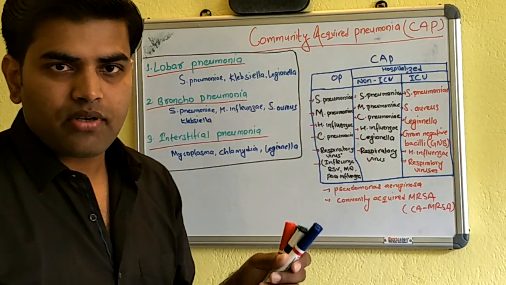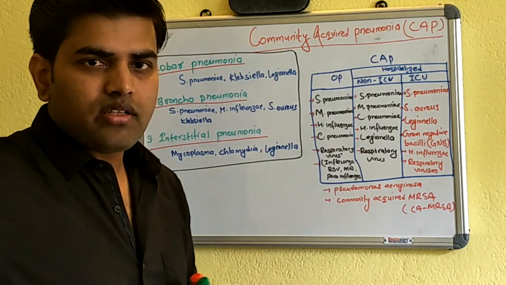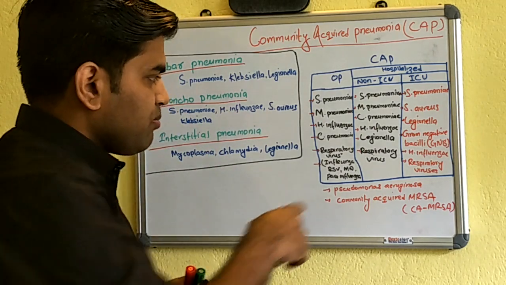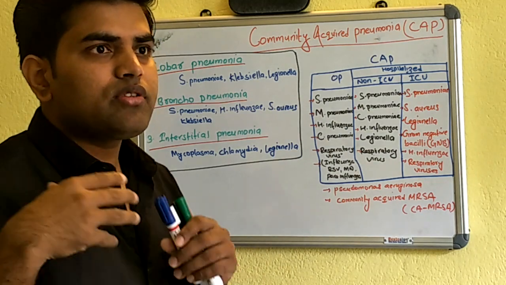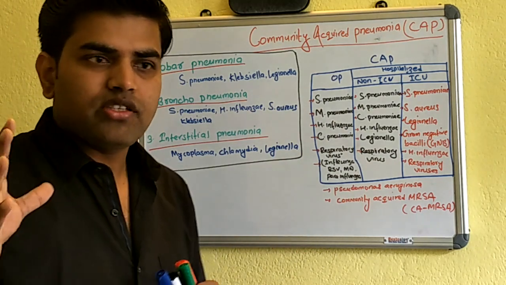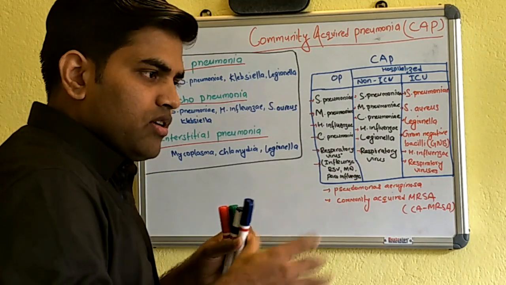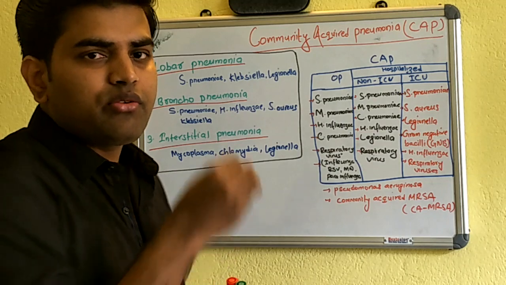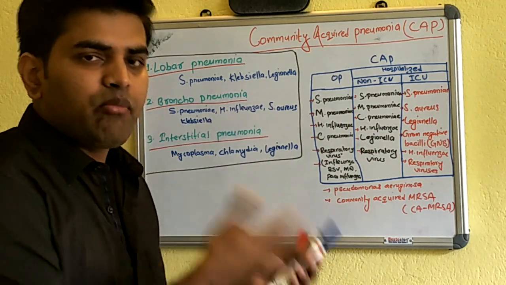I have already discussed that Legionella is the organism responsible for water system infection. Once there was a meeting in the US, and the disease is known as Legionnaires' disease. The water at the meeting venue was infected, and every person at that meeting got infected with this bacteria. After that it was discovered and named accordingly.